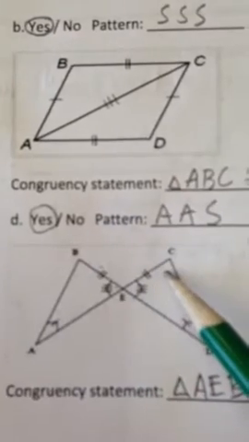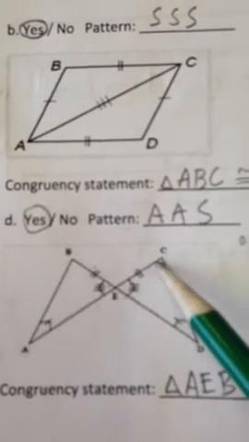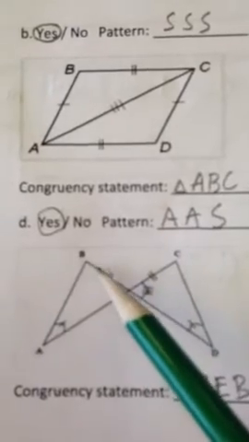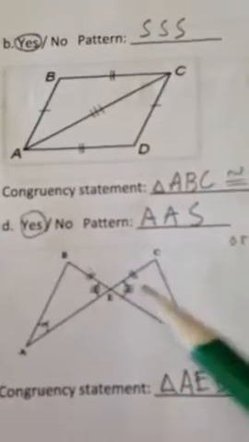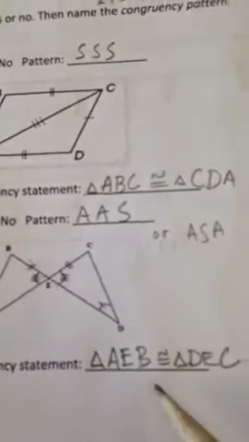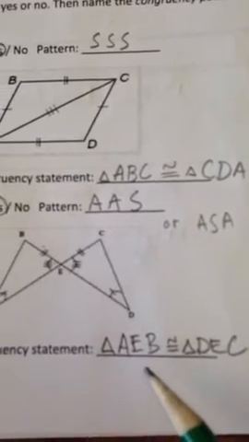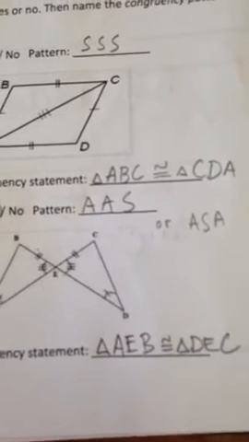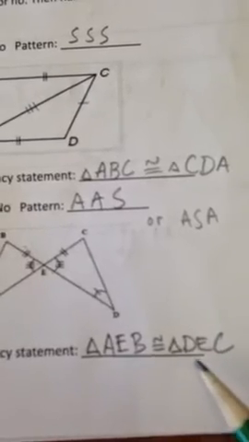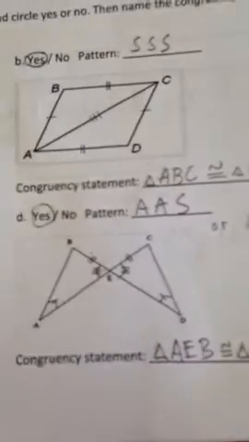So we could say angle, side, angle, all right? But angle, angle, side also works. So there's a congruency statement for you to think about. As long as you are spelling both triangles in the same order, showing corresponding points, then you're good.